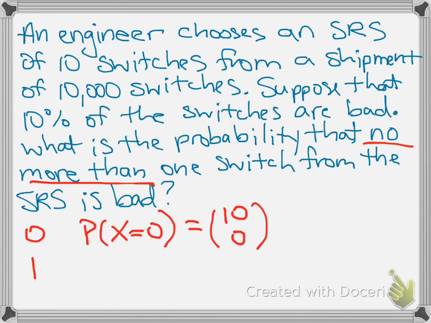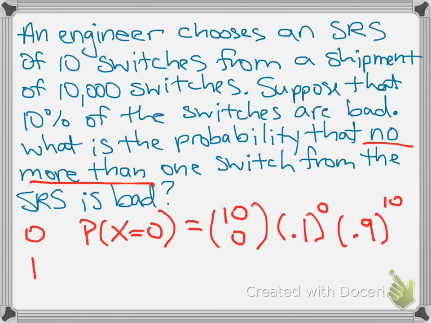Then we need to multiply that by the probability that any one switch is bad, which we know to be 10% or 0.1. We're going to raise that to the k power, which is 0. And then we are going to multiply that by 1 minus p. 1 minus 0.1 is 0.9. And we're going to raise that to the n minus k power. N is 10, k is 0, so we're going to do this to the 10th power.